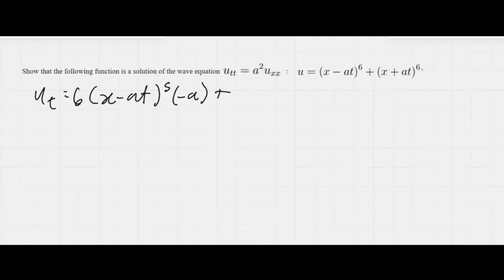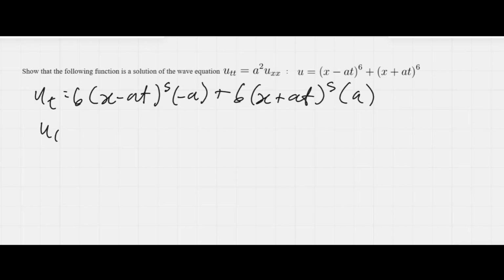And then we can do the same for this term over here. Again, we're using the power rule, it's going to be 6 times x plus at to the power of 5, multiplying that out by a, because the derivative of x plus at treating x as a constant is going to be a.